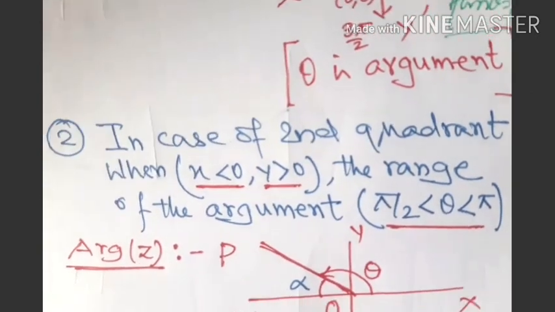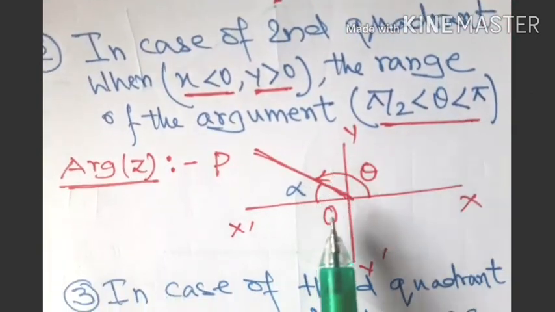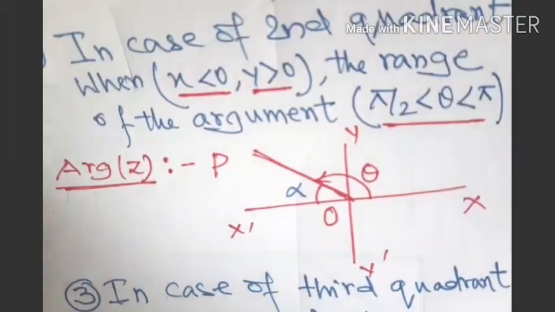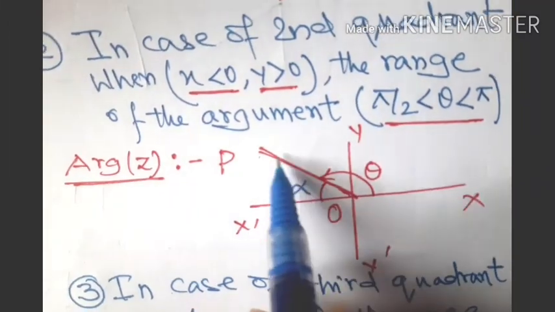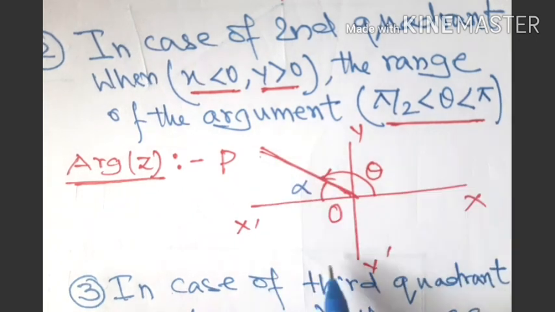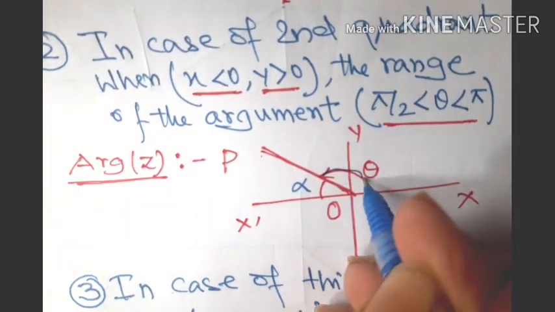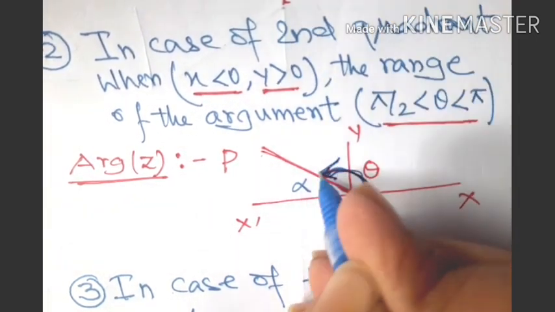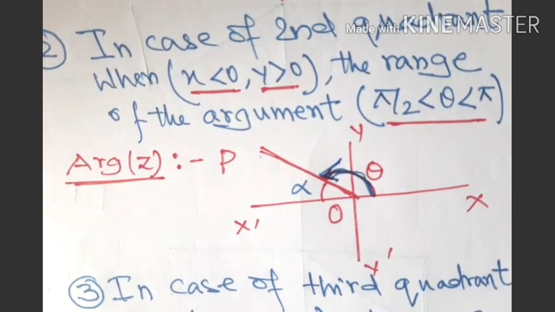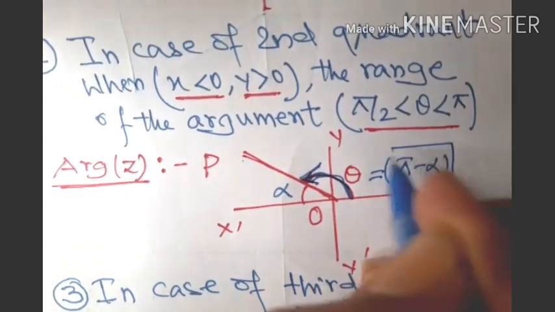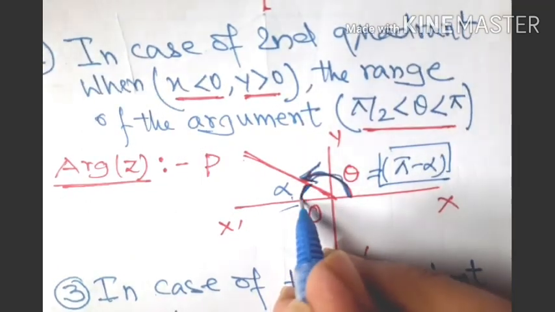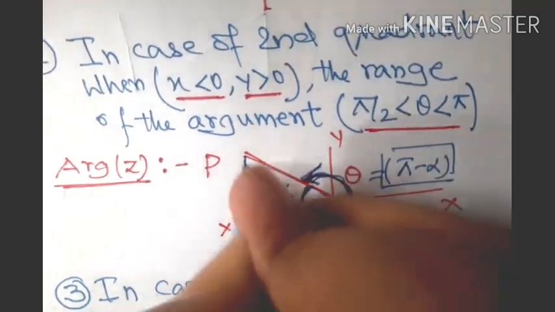Similarly, in the case of the second quadrant, that means when the complex number is like this, here theta means this angle. This theta represents the principal argument. Why principal argument? Because the value of theta will be pi minus alpha. First of all, we have to determine the value of alpha. How to determine it?